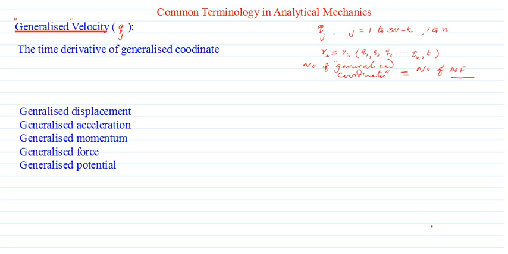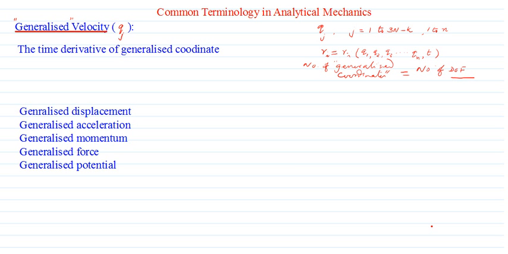Generalized coordinate need not have the dimensions of a coordinate. Generalized velocity also need not have the dimensions of linear velocity or angular velocity.